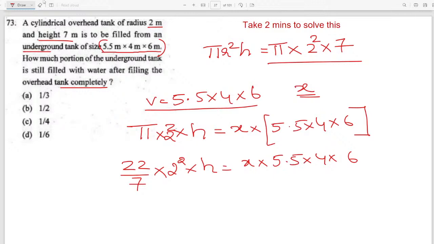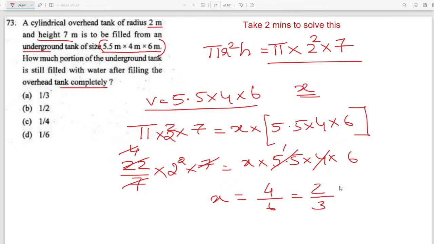Sorry, h is 7 here. Height of the cylindrical tank is 7. So 7 and 7 get cancelled, and 5.5 fours are 22, and 4 and 4 get cancelled, and x is equal to 4/6, which is equal to 2/3.